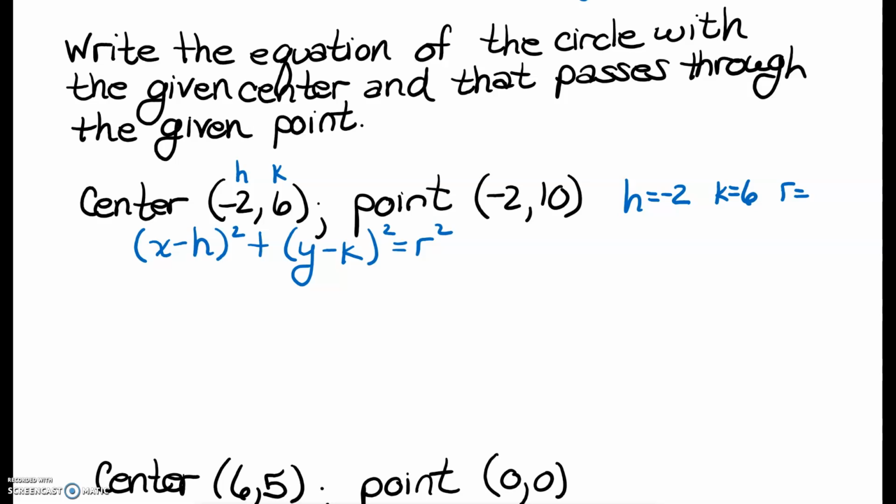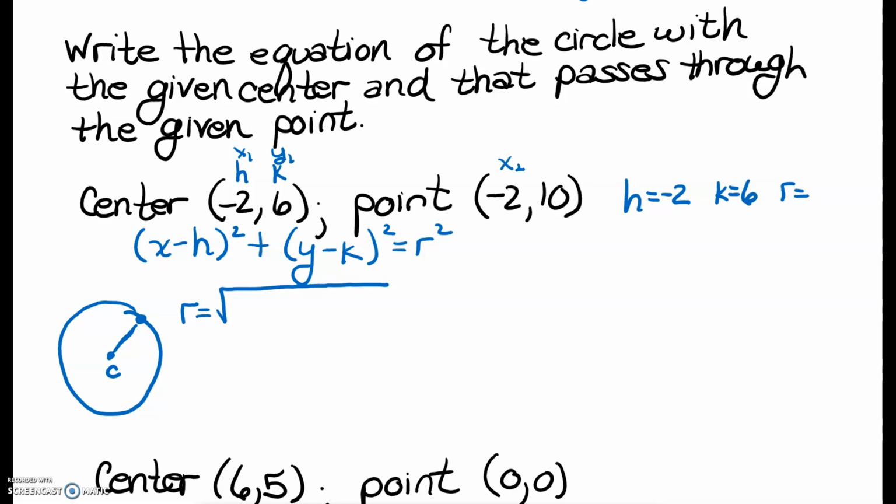So how do you find the distance between two points? If I have a center here and I have a point on my circle, this is my radius. I'm given the two coordinates of those points, so I'm just going to use my distance formula. My radius is going to equal, I'm going to do this as x1, y1, x2, y2.